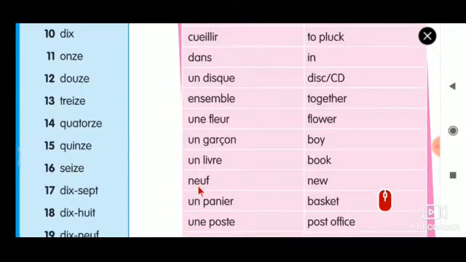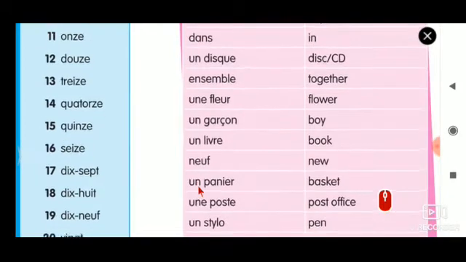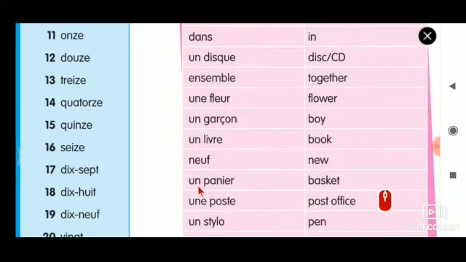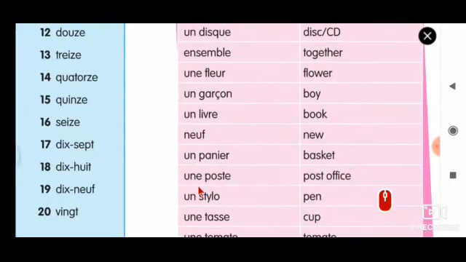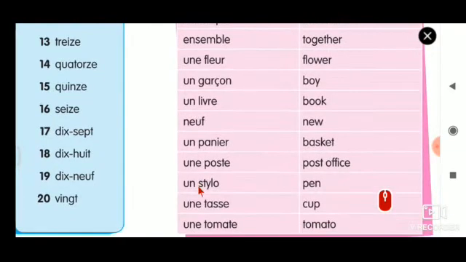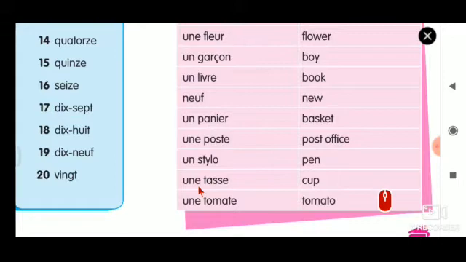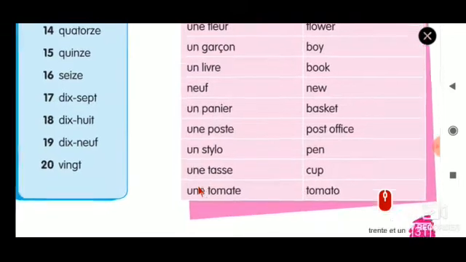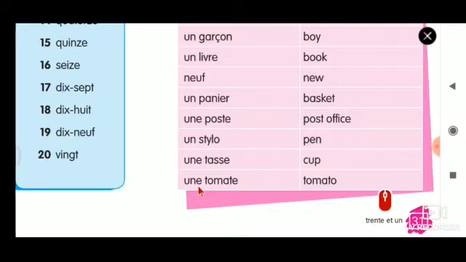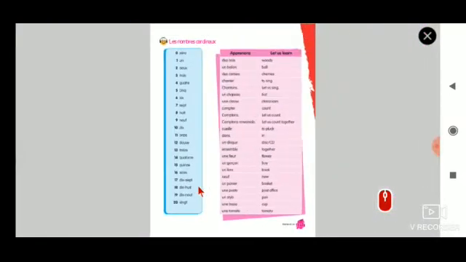Neuf, new or 9. Un panier, basket. Une poste, post office. Un stylo, pen. Une tasse, cup. Une tomate, tomato. Okay, so we have revised this vocabulary.